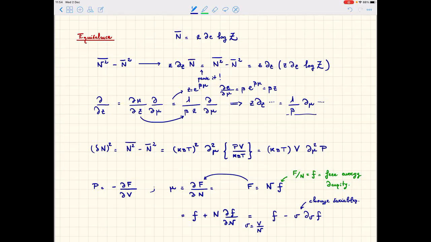Now, the pressure P was minus dF dV. Well, this is simply minus the little f little v, because I divide both in the numerator and the denominator by N, and that's it, right?